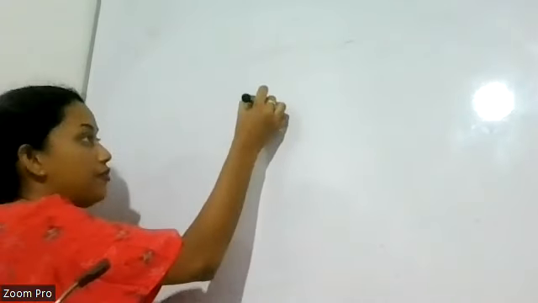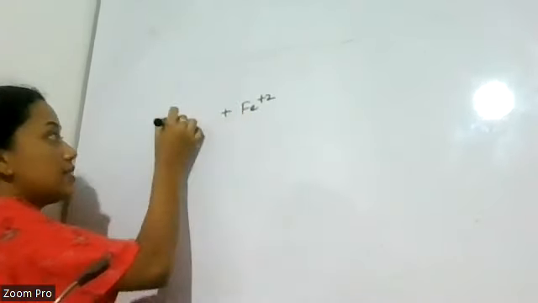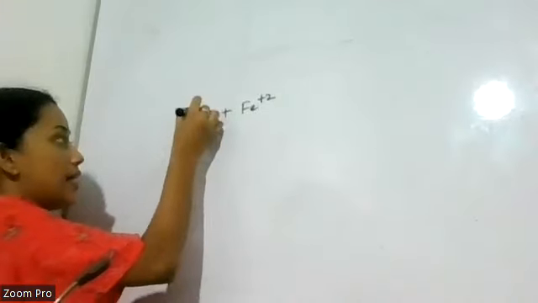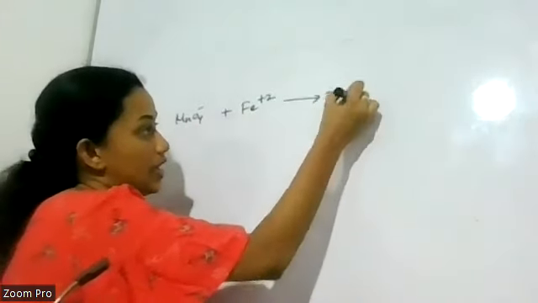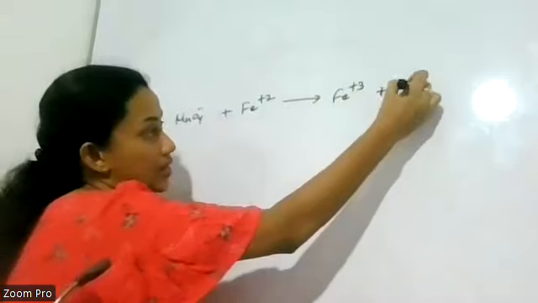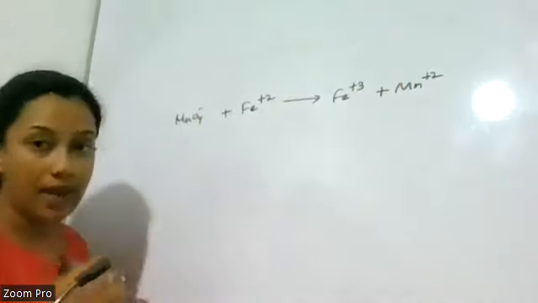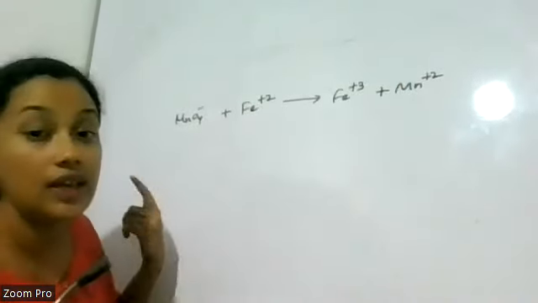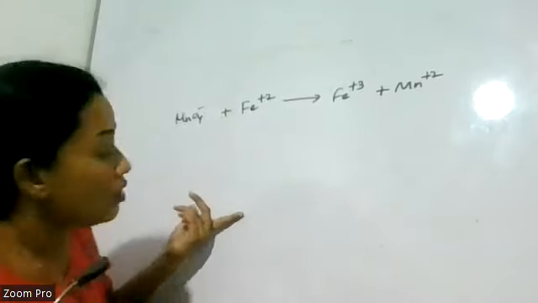We take this example: Fe2 plus and MnO4 minus into Fe3 plus and Mn2 plus. We have to balance this equation in the acidic medium.